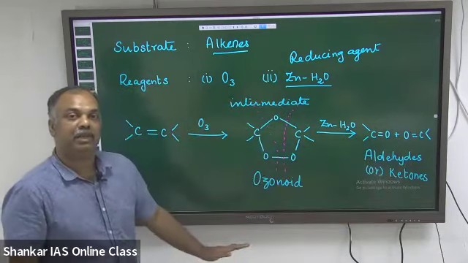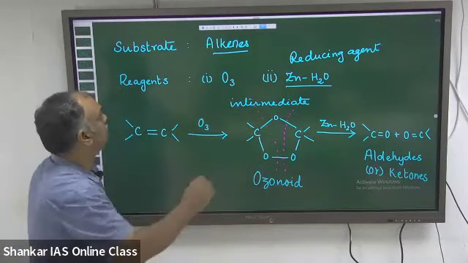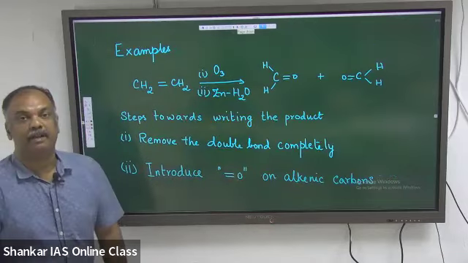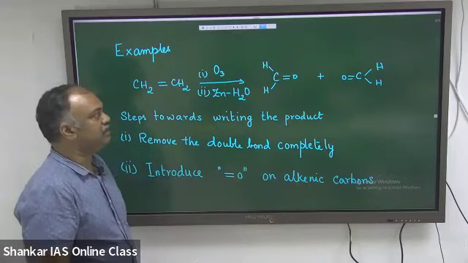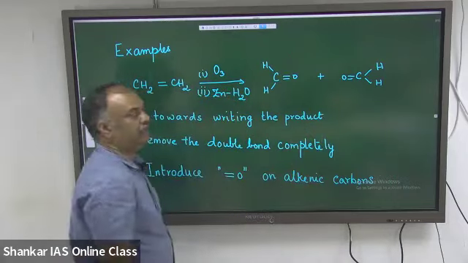The products can be either aldehydes or ketones. We'll look at an example of ethene. Ethene, when subjected to reductive ozonolysis, gives 2 molecules of formaldehyde.